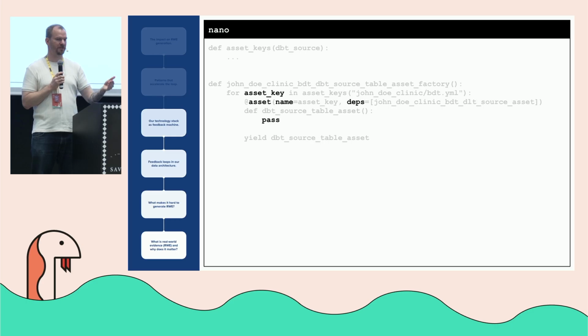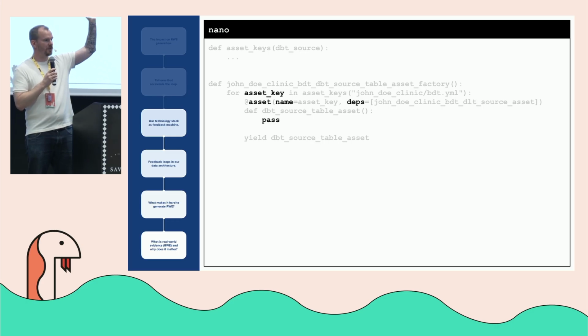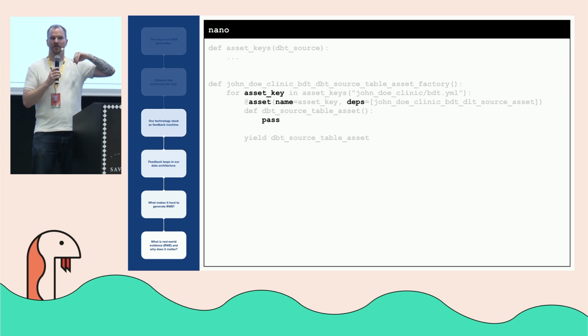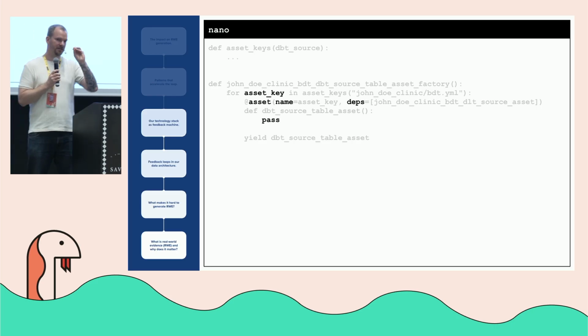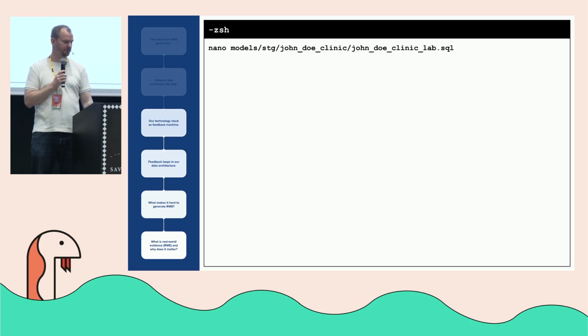So what we do is there's code where we read this YAML that I just showed you, we go over the asset keys, and we generate no-op assets. So there's just a pass. We do this so that we can declare a dependency between those dbt sources and the DLT tables. It's purely for dependency management, so that Dagster understands the dbt transformations are dependent on the DLT tables.